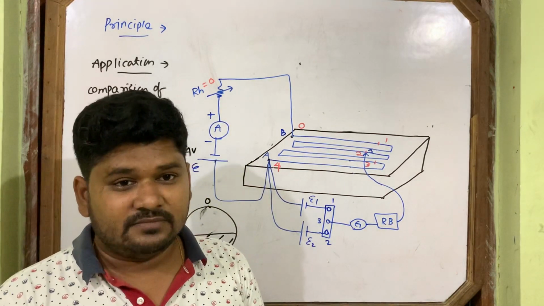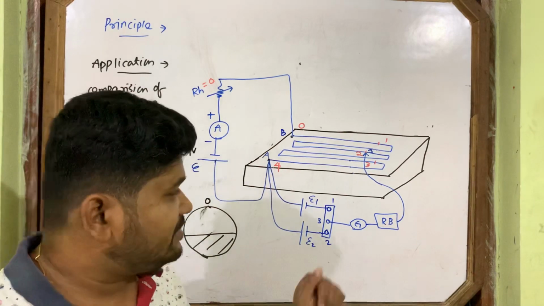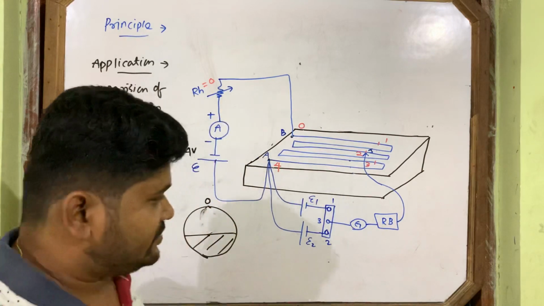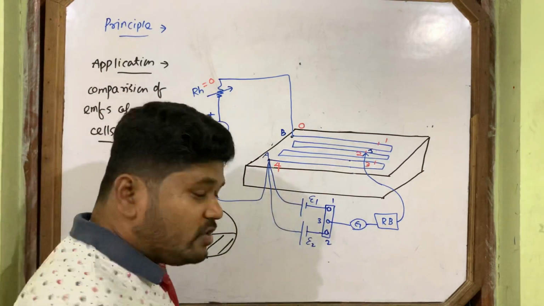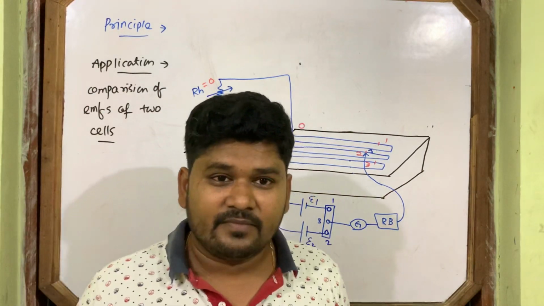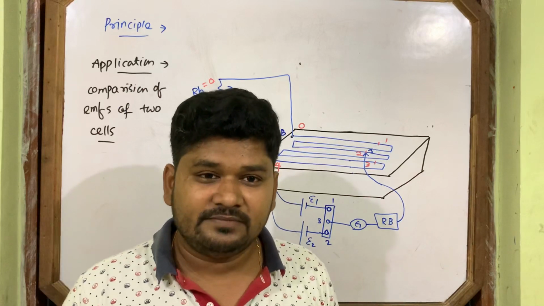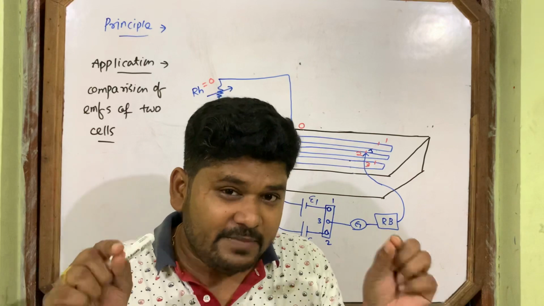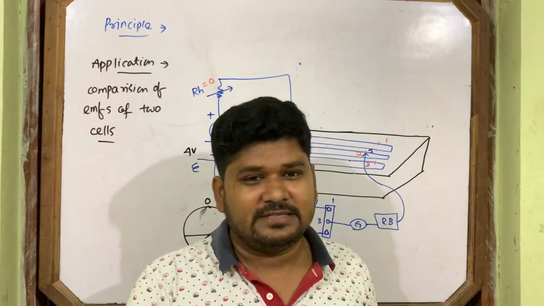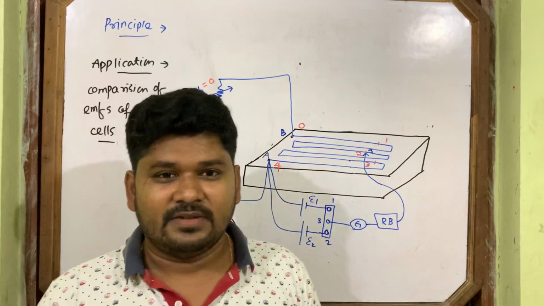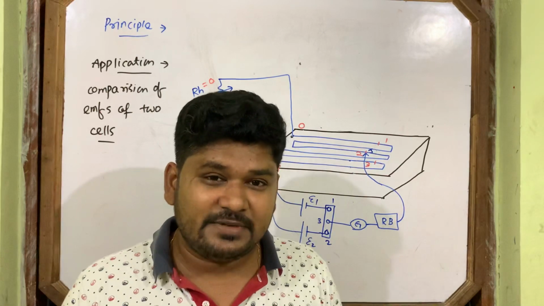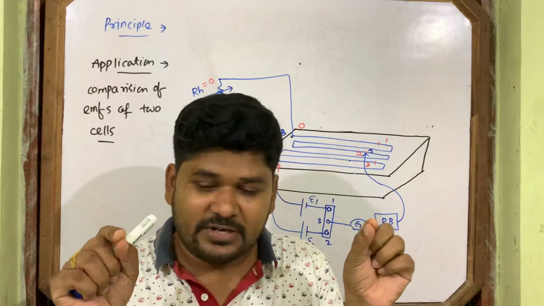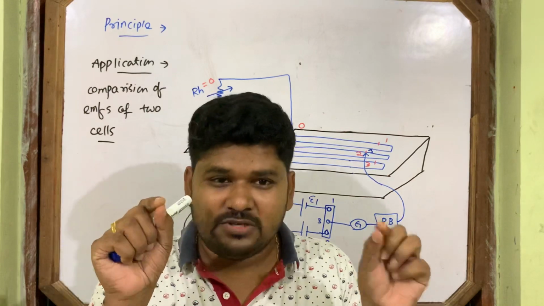Why does no current pass through this galvanometer? Why is J the null point like this? So now you see. When no current passes in a wire and when current passes in a wire, first try to think the answer. If there is potential difference, then current passes in a wire. If there is no potential difference between 2 points, suppose potential same, 4 volt, 4 volt.